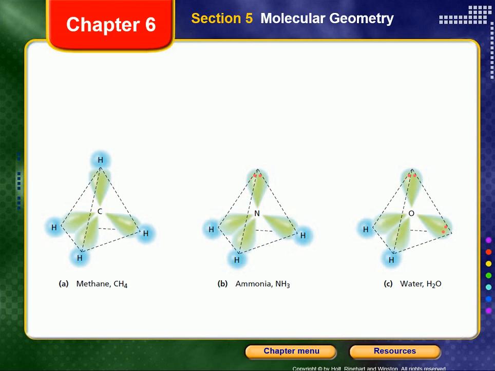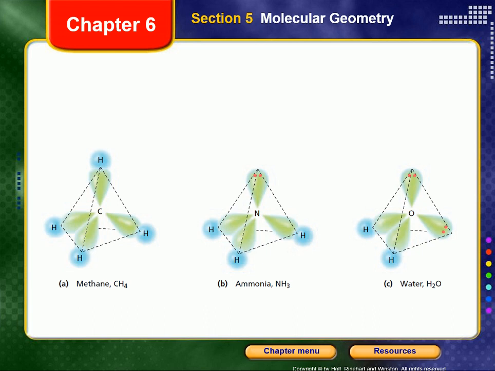Hybridization also explains the bonding and geometry of many molecules formed by group 15 and 16 elements. The sp3 hybridization of a nitrogen atom, which has a configuration of 2s2, 2p3, yields 4 hybrid orbitals: 1 orbital containing a pair of electrons, and 3 orbitals that each contain an unpaired electron.